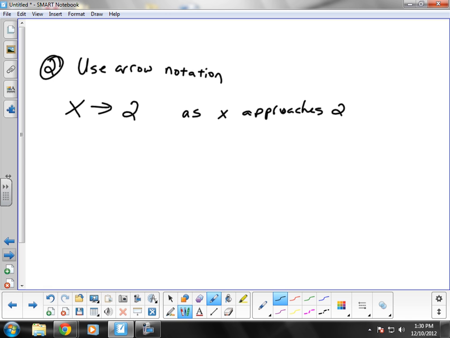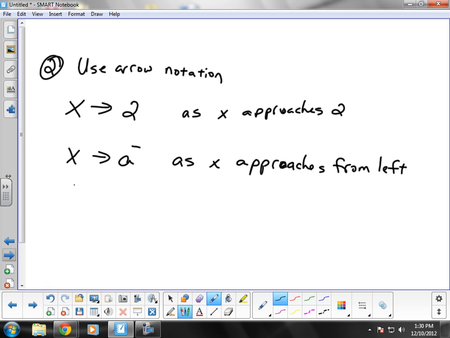So what we do, if we want to talk about it coming up on that number from the left, I put a minus sign. As x approaches A from the left.